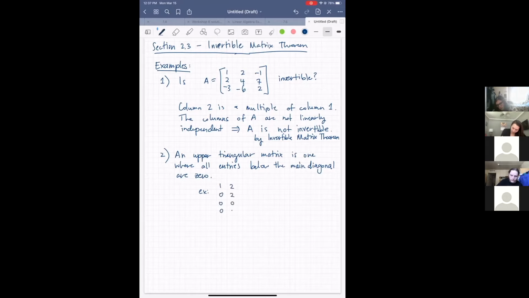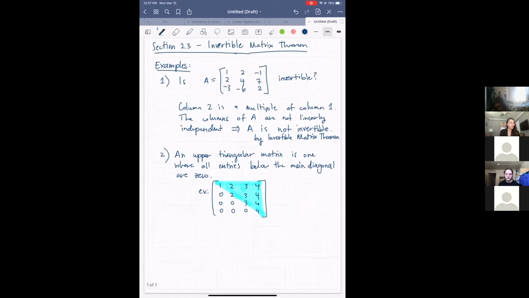Let's say we have something, I'm just filling in some numbers, but we have zeros below the main diagonal. So remember, this is the diagonal, and the reason we call it an upper triangular matrix is because we get this kind of triangle on the upper part of the matrix. And we could similarly define a lower triangular matrix, which would have zeros above the main diagonal, right?